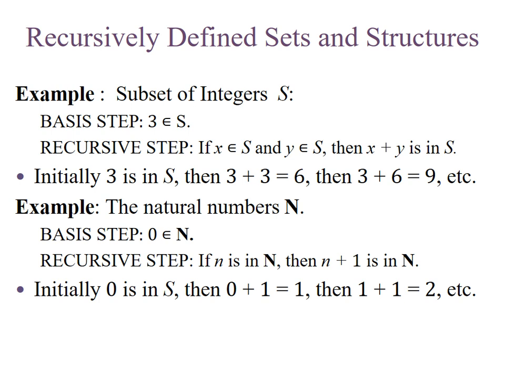Initially 3, and 3 as x, 3 as y, so x plus y is also in S. So we have 6 in the set S. Once we have 6, then you can choose 3 as x, 6 as y, and 3 plus 6 is 9. In this case, you can apply this recursive step again and again to get more numbers in this set.